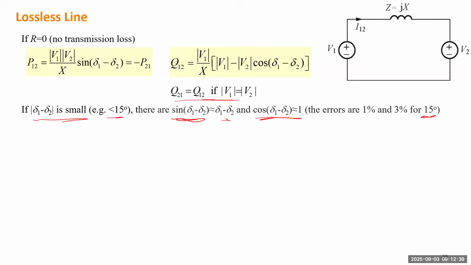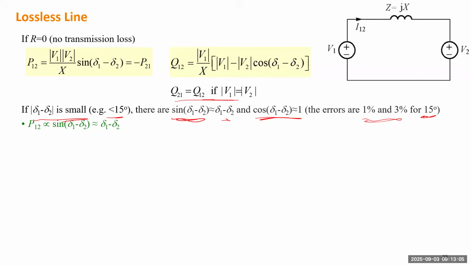For 15 degrees, that error is only about 1% or 3%. It's a pretty good estimation. So if your angle difference is within 15 degrees, you can use the angle itself to estimate the sine of the angle, and cosine of the angle will be roughly 1.